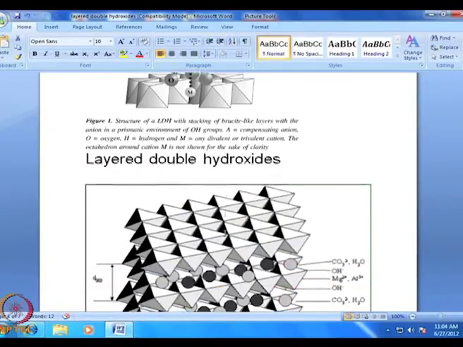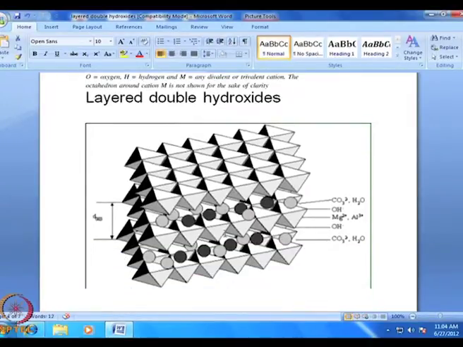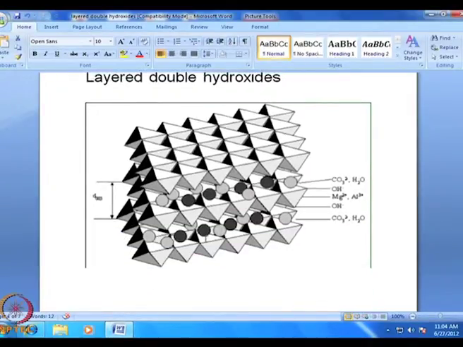Before I go overboard, you see, this is another view of the same brucite layers. These are all brucite layers. The octahedra are pointing up here, the octahedra pointing down, and what we have is basically this: if we can control this spacing, we can control whatever we can put in.